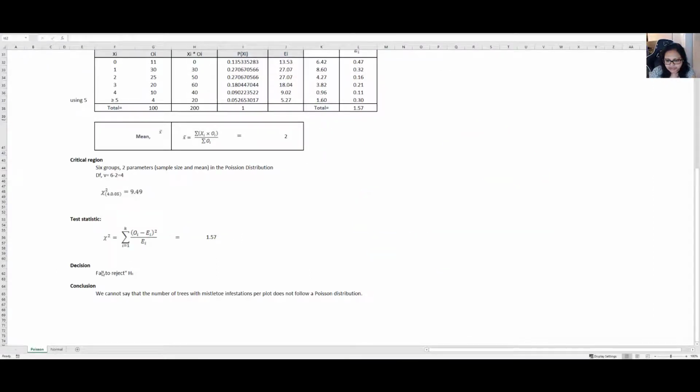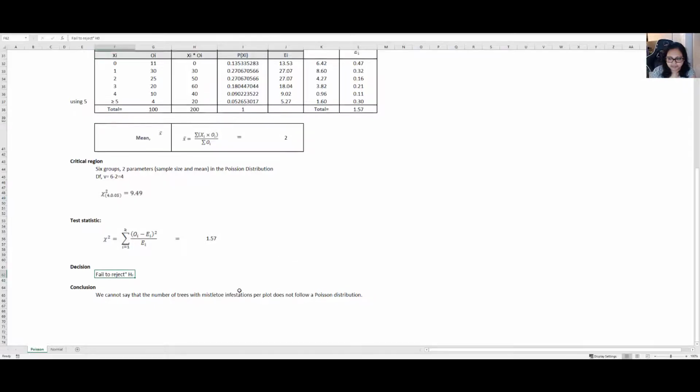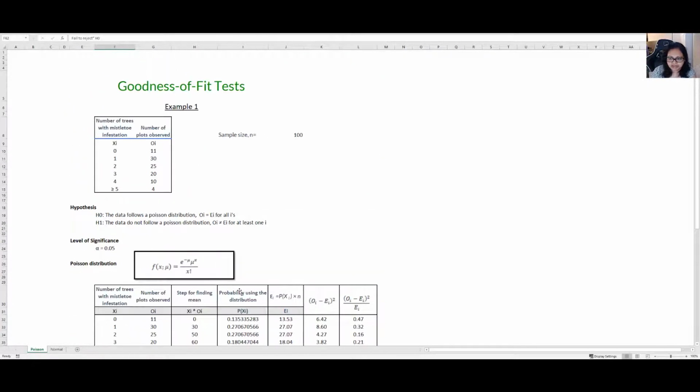So that's why I say we fail to reject the null hypothesis, so we cannot say that the number of trees with mistletoe infestation per plot does not follow a Poisson distribution. So that's how, step by step, you can perform a goodness of fit test.